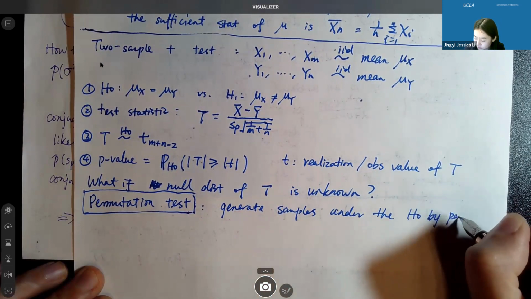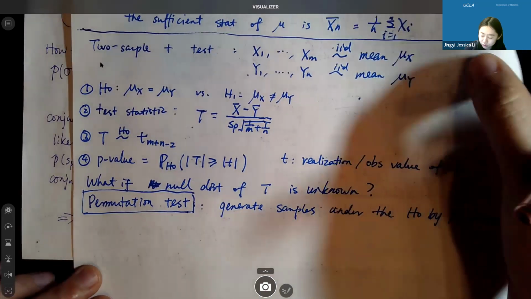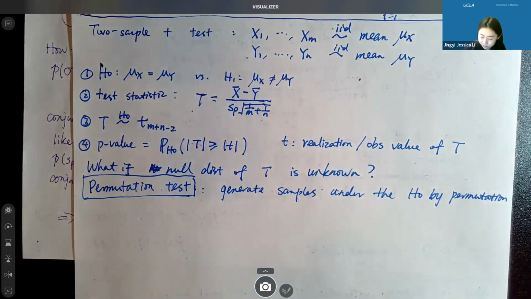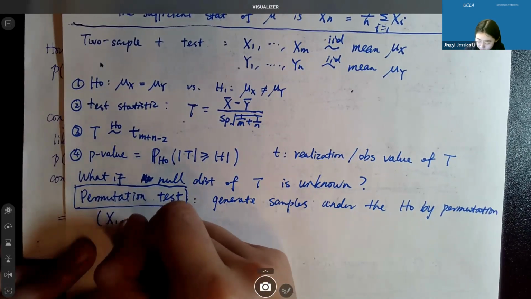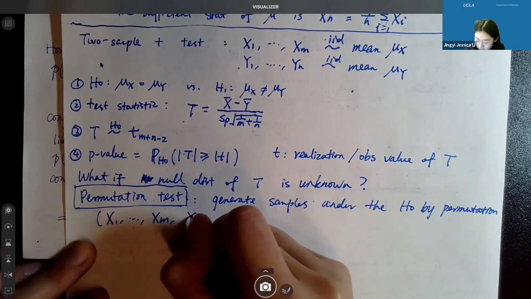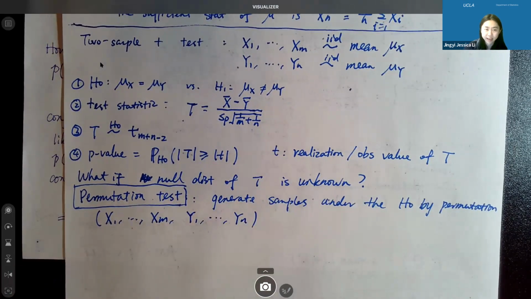So why does permutation work? Let's say that I pool my two samples together into one set. I have m plus n numbers, right?